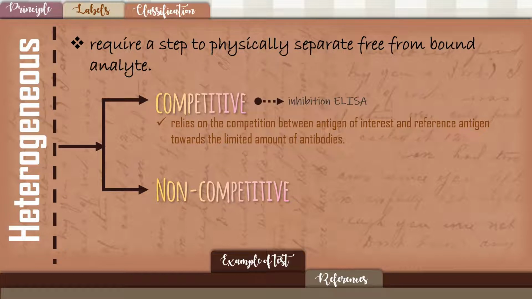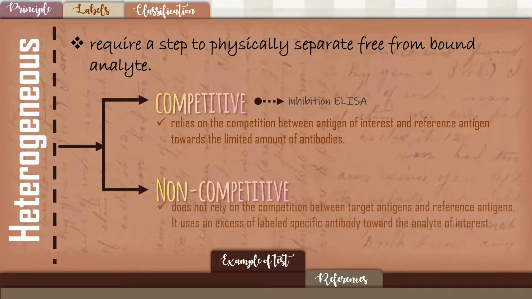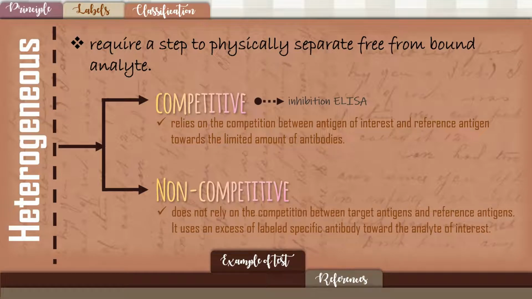On the other hand, non-competitive ELISA does not rely on the competition between target antigens and reference antigen. It uses an excess of label-specific antibody toward the analyte of interest. Thus, this is the key difference between competitive and non-competitive ELISA. Direct ELISA, indirect ELISA, and sandwich ELISA are the three main types of non-competitive ELISA.